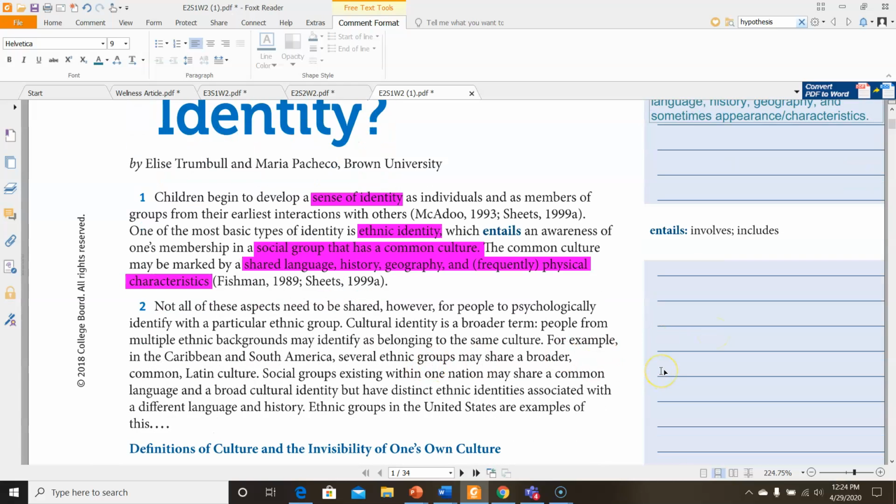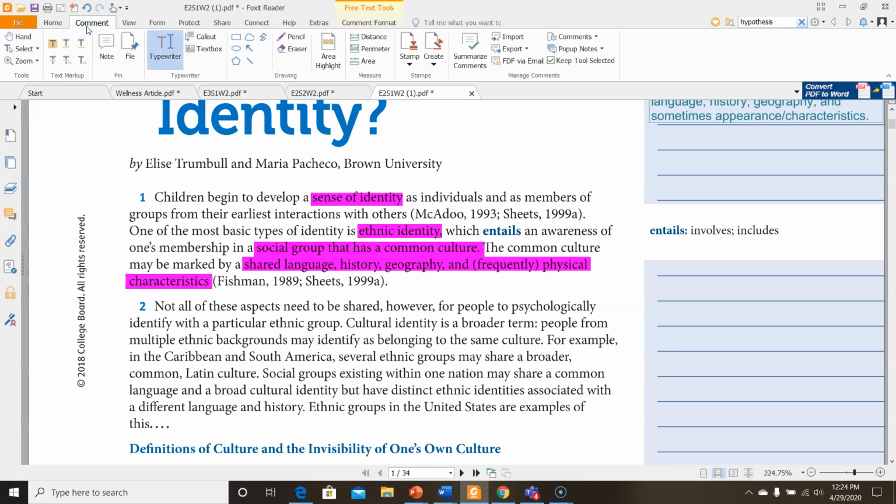So here we have the second paragraph, which I'm going to go over with you. Not all of these aspects need to be shared, however, for people to psychologically identify with a particular ethnic group. So even if you're not in the same ethnicity, you can psychologically identify with that group. So cultural identity is a broader term. People from multiple ethnic backgrounds may identify as belonging to the same culture.